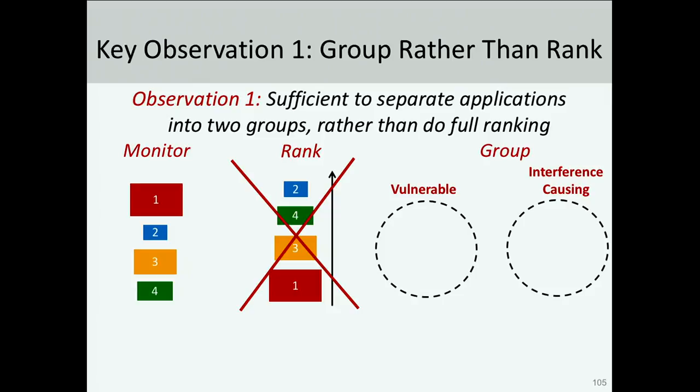And we're going to determine membership in these groups in a very fine-grained manner. So if something is interference-causing, it's not going to be interference-causing for a really long time. We're going to keep track of it at a fine grain. So let's assume that you found that these are vulnerable and these are interference-causing. You're going to rank the vulnerable ones over the interference-causing ones. So this is much simpler than forming a full ranking, clearly.